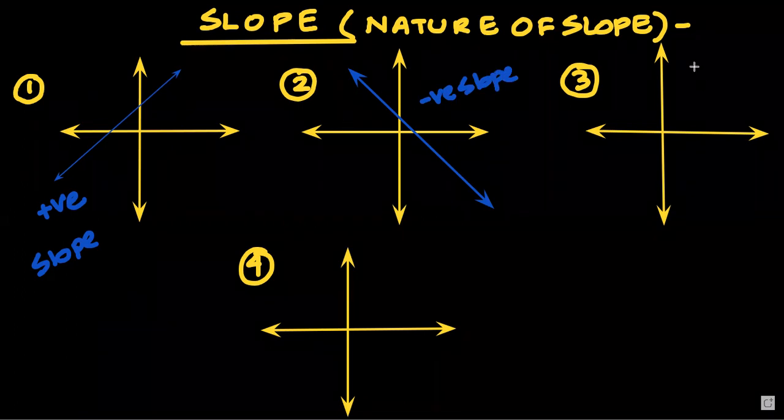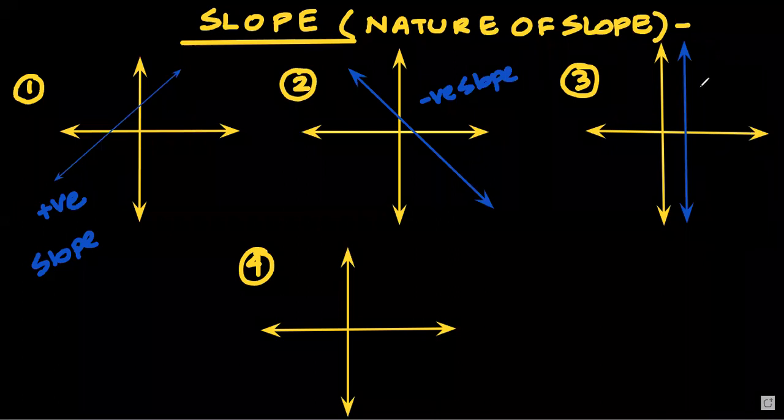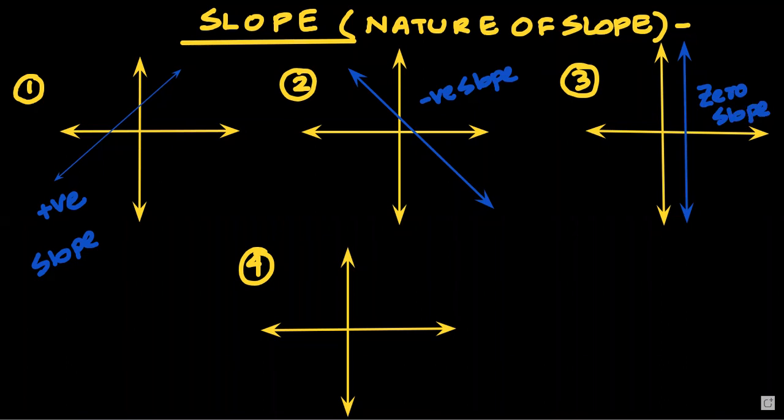All the vertical lines like this, all the vertical lines you draw, those have the slope as infinity or undefined.